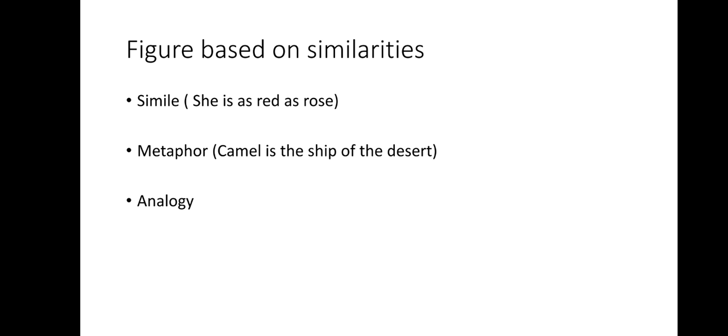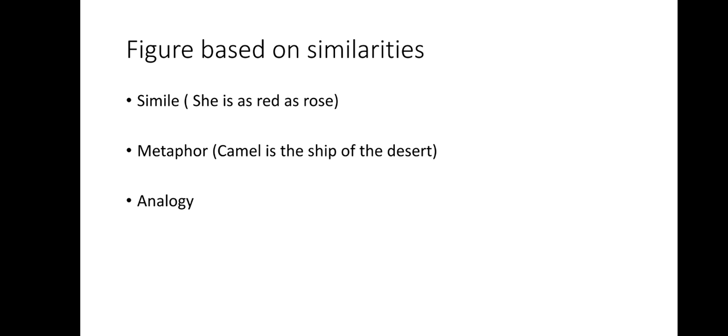So camel and ship are to some extent similar. So this kind of similarity between two dissimilar things is called metaphor. Here camel is considered the tenor and ship, the thing to which we compare, is the vehicle. So this is metaphor, and this is a very important figure of speech.